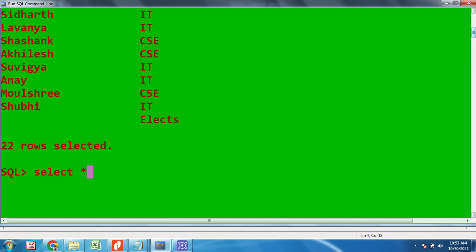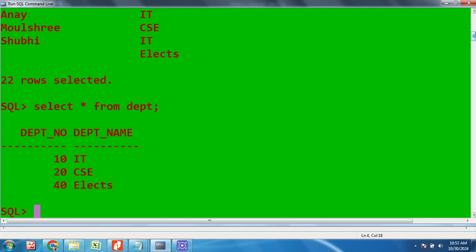Select star from DEPT. So this is my department table where department number is 40 of electronics. So it is showing me department number 40, electronics, which does not exist in EMP table.